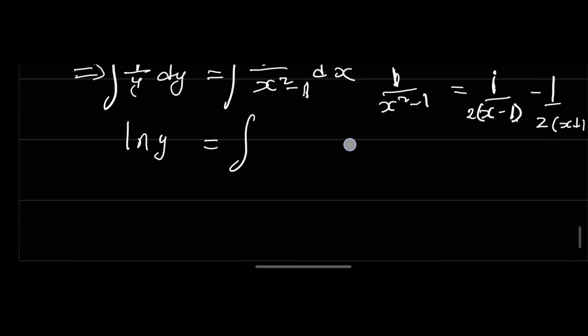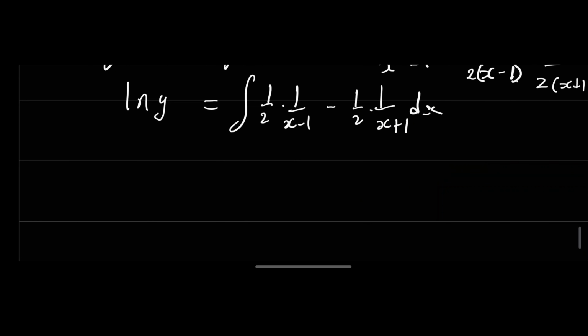Okay, so now we have it here. Let me rewrite it as half of 1 over x minus 1 minus half of 1 over x plus 1, dx. Since this is long like this, let me split the integral.